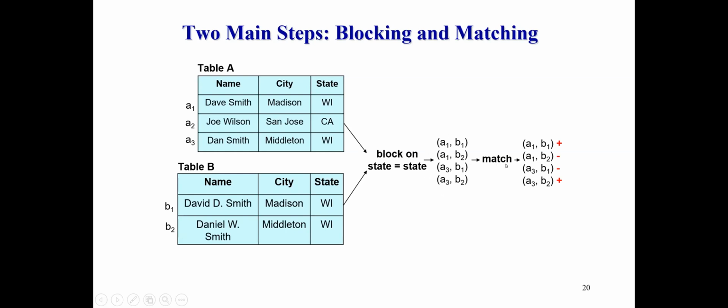Now you could have a matcher, which is either rule-based or machine learning-based, and you apply it to make predictions, yes or no. So blocking and matching are two fundamental steps, and pretty much any entity matching work will go through these two steps.